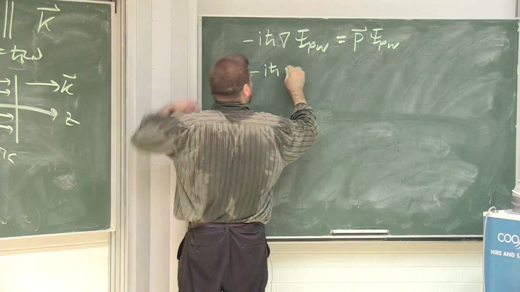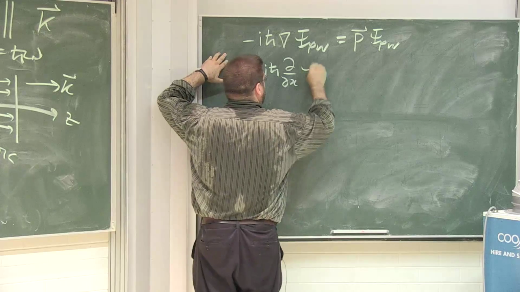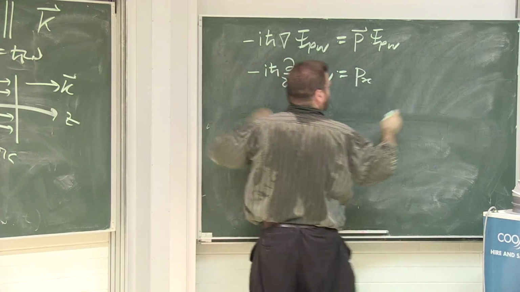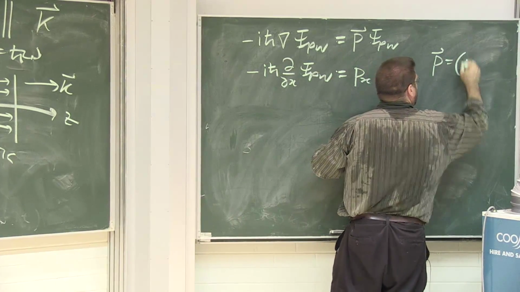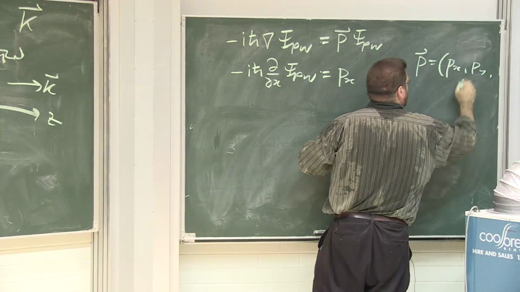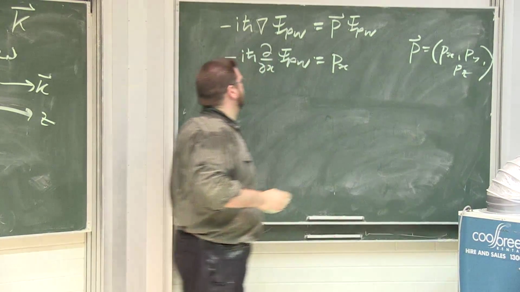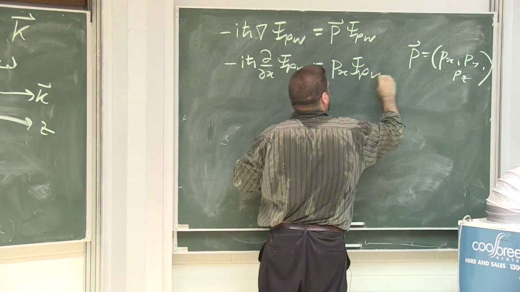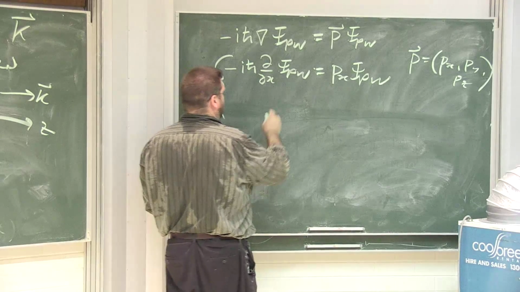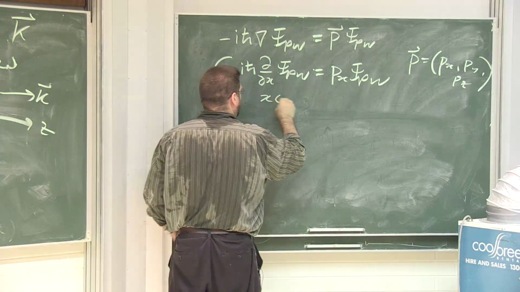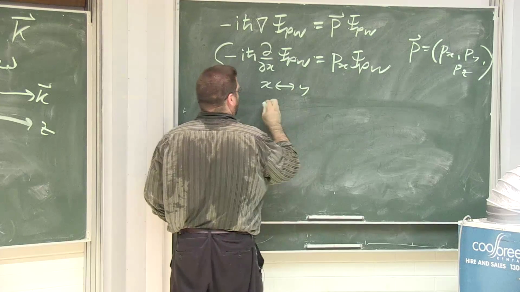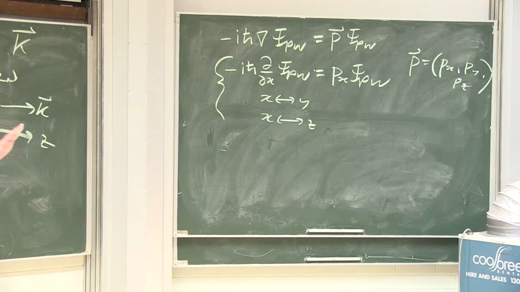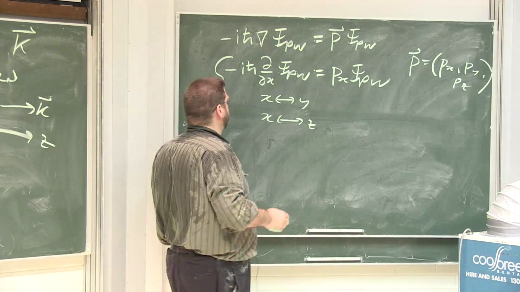Minus i h bar d by dx acts on the plane wave to give the x component of this object, which I'll call px, and then the plane wave back again. The wave vector has three Cartesian components, px, py, and pz. Similarly for y, or you replace x with z. So three scalar equations, and I just want to focus on proving the first one. So let's do it.